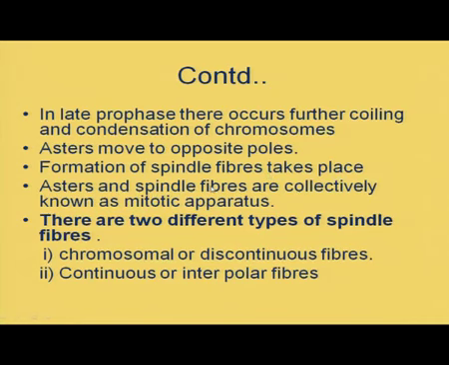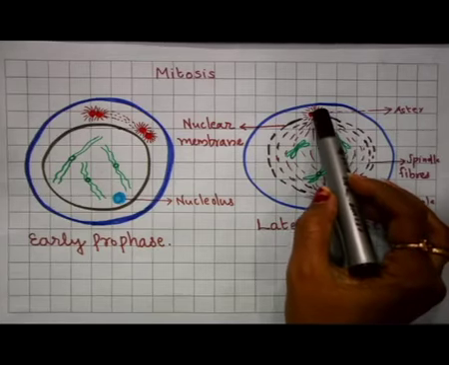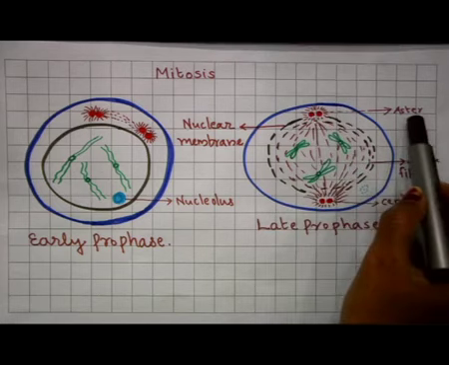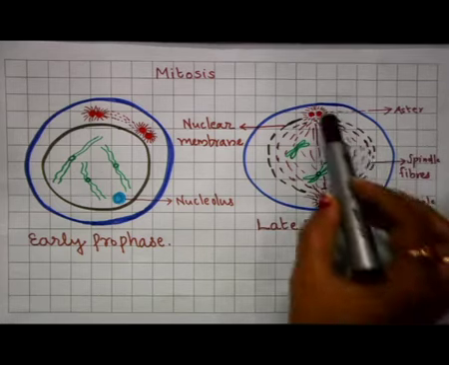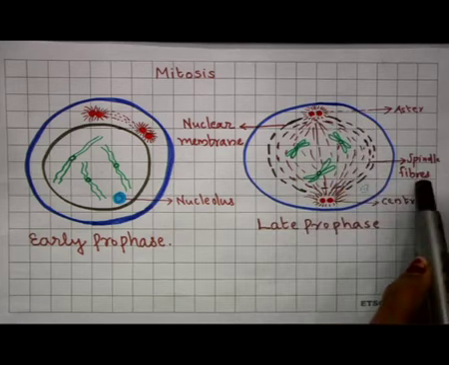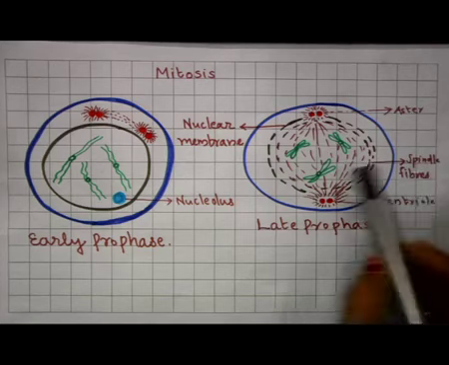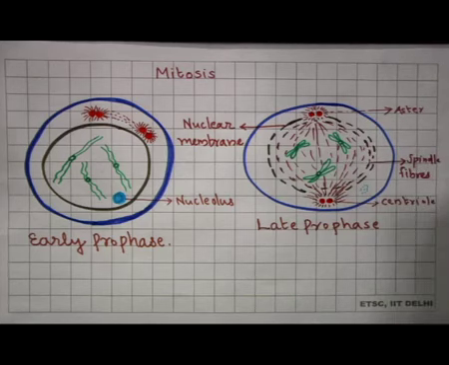Asters and spindle fibers, we will collectively call the mitotic apparatus. You can see here the labeling, centriole, the rays, that is aster, and here you can see the well developed spindle fibers. So, this aster plus spindle fibers, we will collectively call the mitotic apparatus.